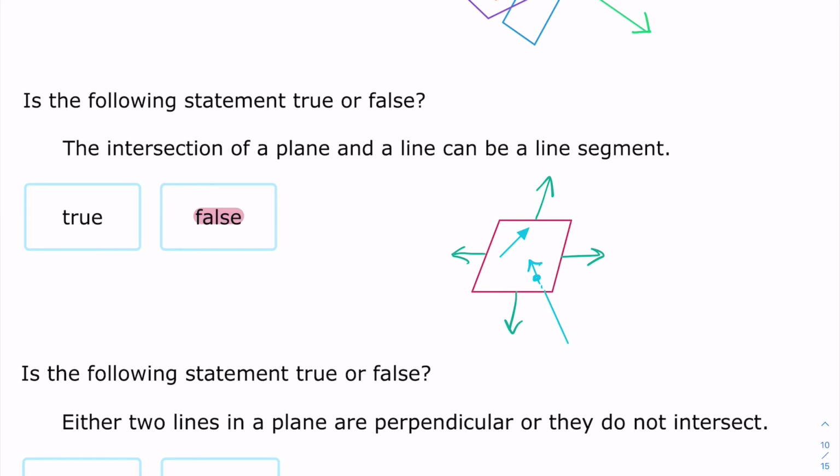So it can either lie on the plane or it can intersect the plane. Those are my two options. So the intersection of a plane and a line can either be a line or a point, but it cannot be a line segment. Okay? So this one is false.